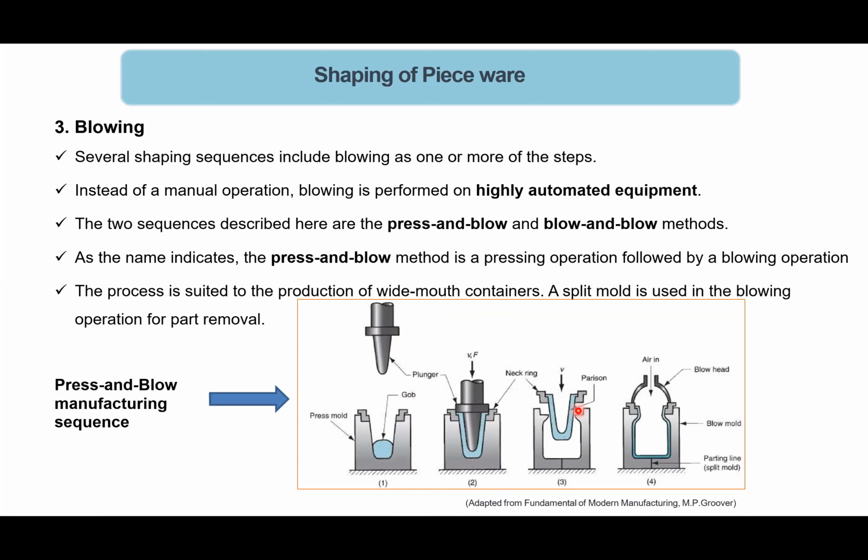Then you fix this structure in the proper position, and use hot air flow into the container with the pressure of air. This conical structure gets aligned to the mold, and this mold is separable. It has a parting line and can be separated from both sides, and after cooling you get the final structure.